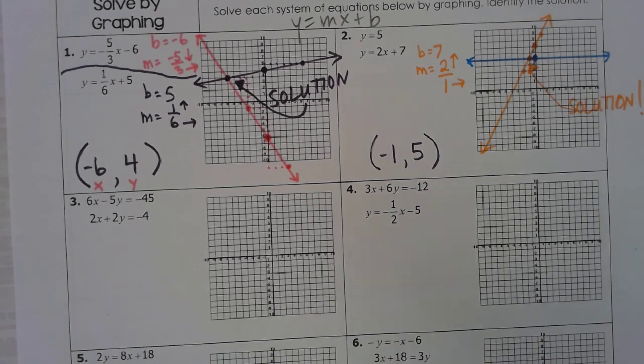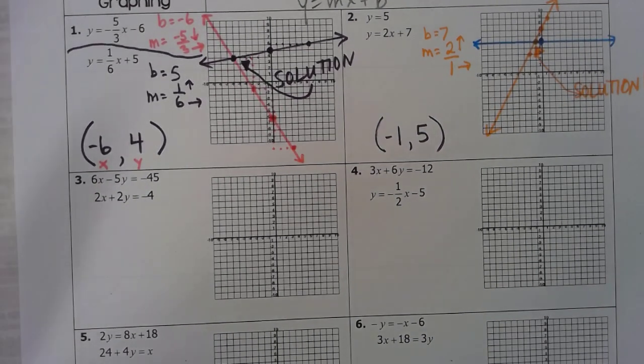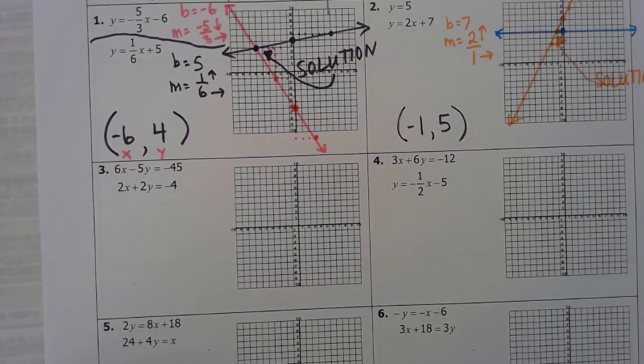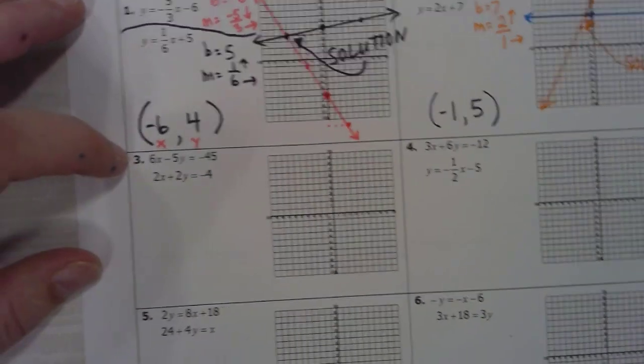After you practice graphing today, we look at all of our other options for ways to solve systems, and you can pick whichever one you like best. You need to know how to do each one of them, and then you'll say, hey, this one's set up for graphing, or this one's set up for elimination or substitution. I would never graph if it's not already in y equals. That's just me. There are easier ways to do it than with graphing.